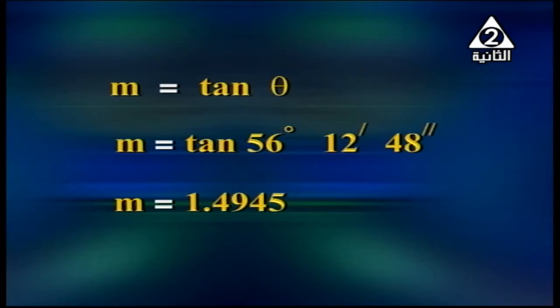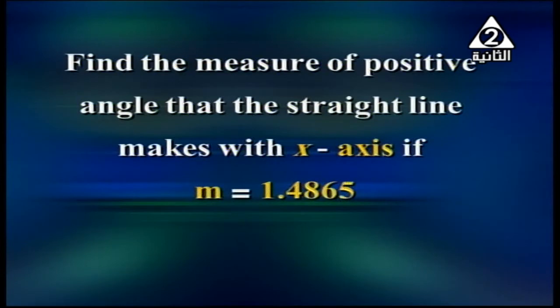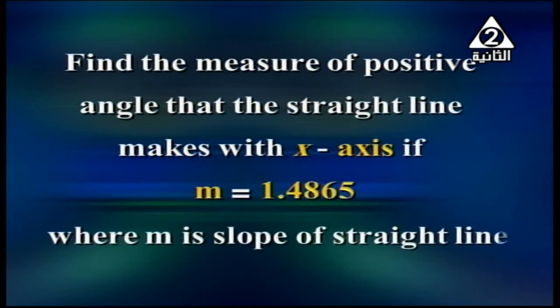Another example, find the measure of the positive angle that the straight line makes with the x-axis if the slope m equals 1.4865. Look carefully to the problem. The slope equals 1.4865. So you know that m is the slope of the straight line.